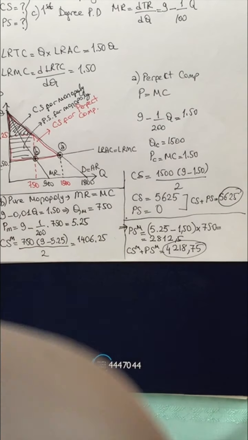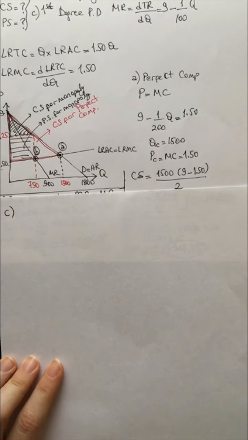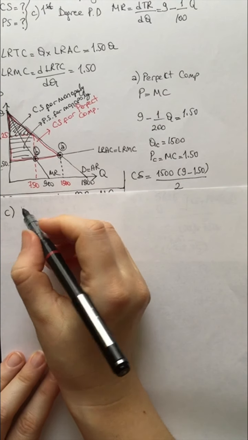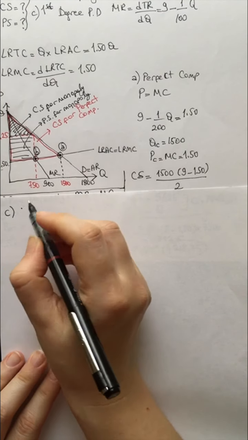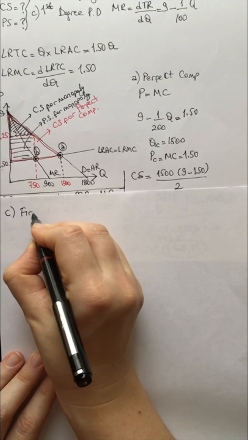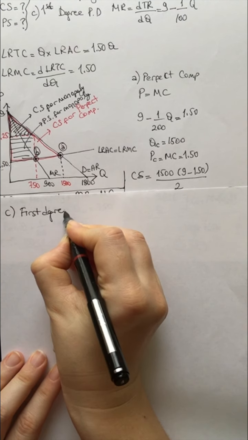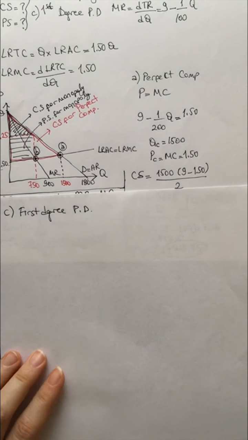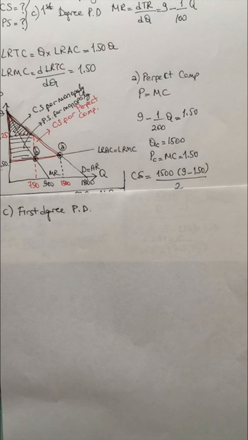Now let's come to the situation in the first degree price discrimination. In question C, the firm is again the monopoly, but it is working with first degree price discrimination, which means that we are assuming that the monopolist knows all the reservation prices in the market and applies these prices to each of the customers.